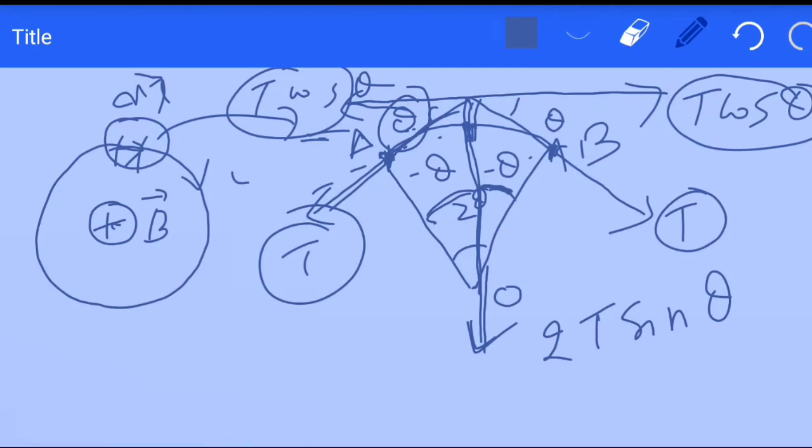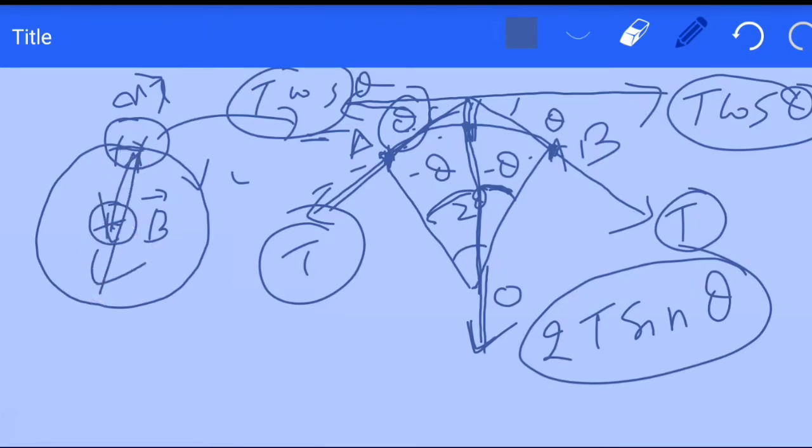Now this 2T sin theta is acting in the radially inward direction, and the magnetic force due to the flow of current is acting in the outward direction. And what is that force?